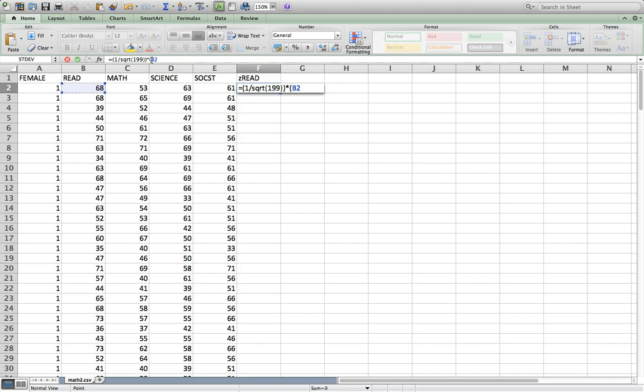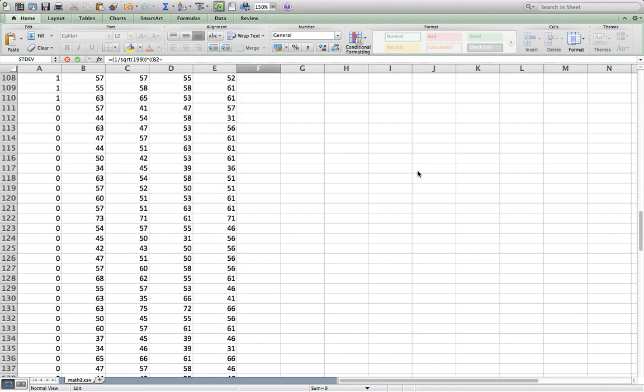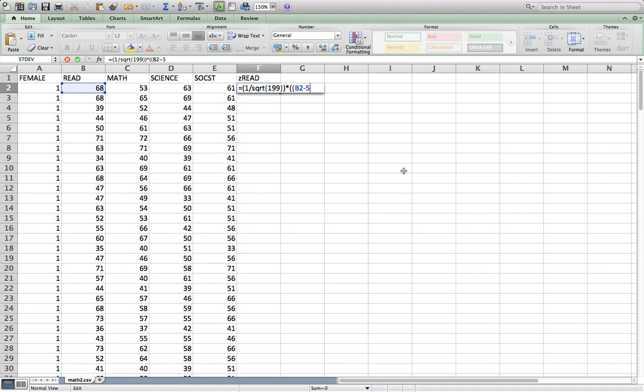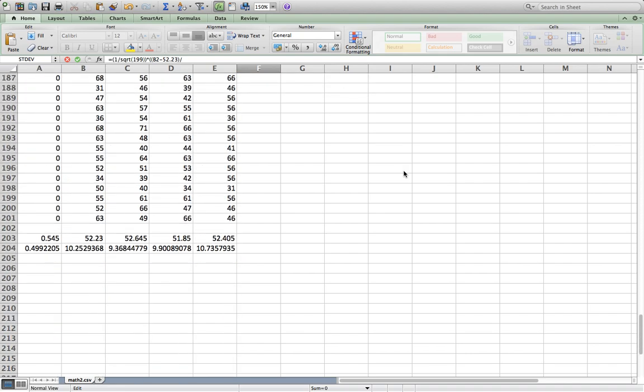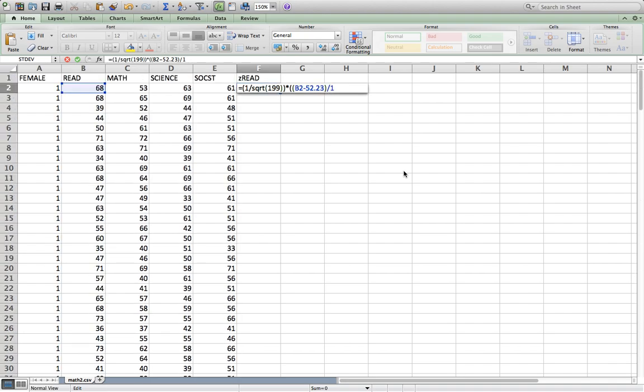Really, I'm going to need another parentheses in there. Minus the mean, which is 52.23. Divided by the standard deviation, which is 10.253. Guys, I can use my fill down.